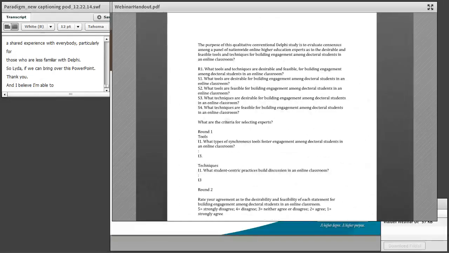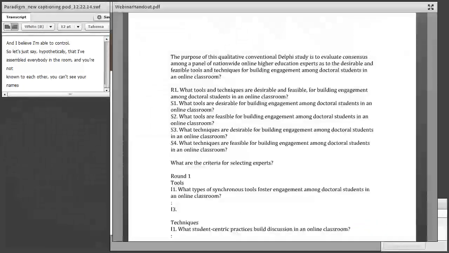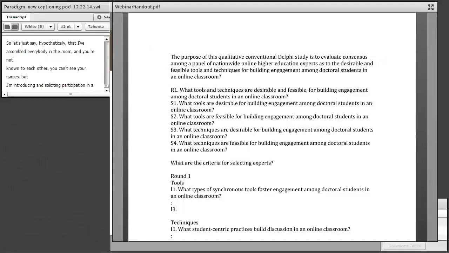So let's just say hypothetically that I've assembled everybody in the room, and you're not known to each other, you can't see your names, but I'm introducing and soliciting participation in a study sponsored by a university, and I'm soliciting all of you potentially to be experts in a panel that's going to be part of my study.